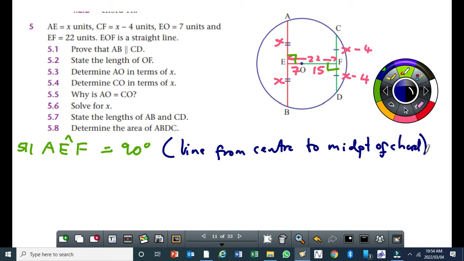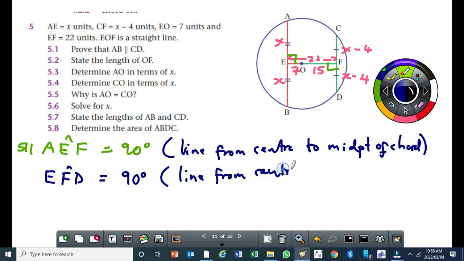Also, we can say angle EFG is also 90 degrees. And the reason is the same: line from center to midpoint of chord.